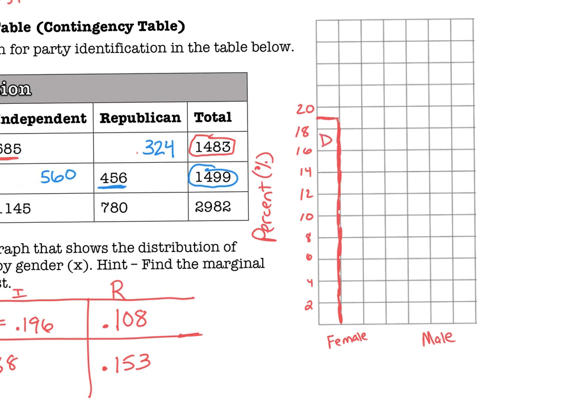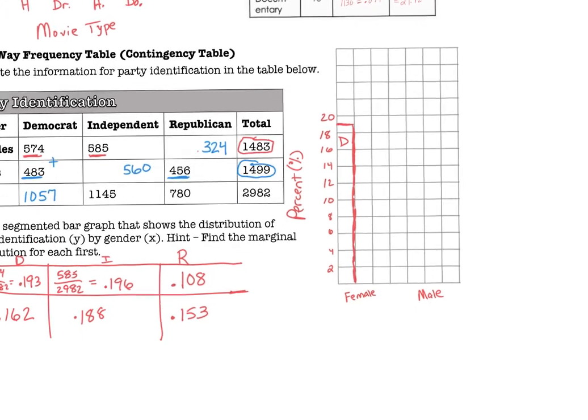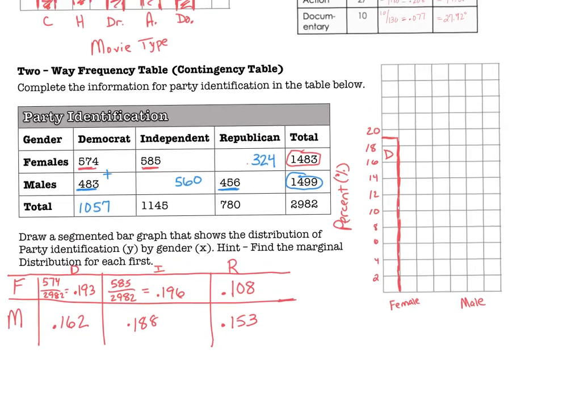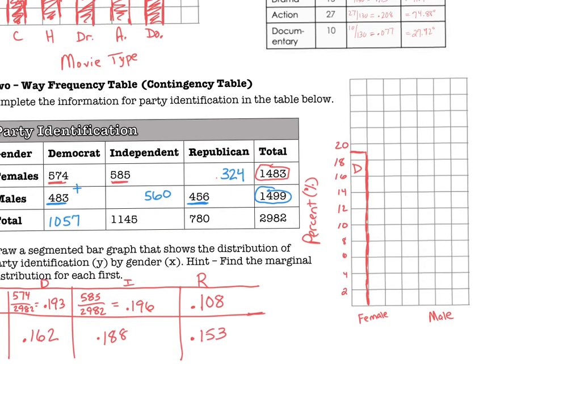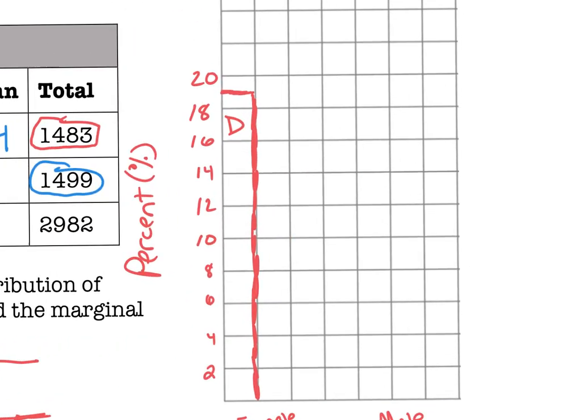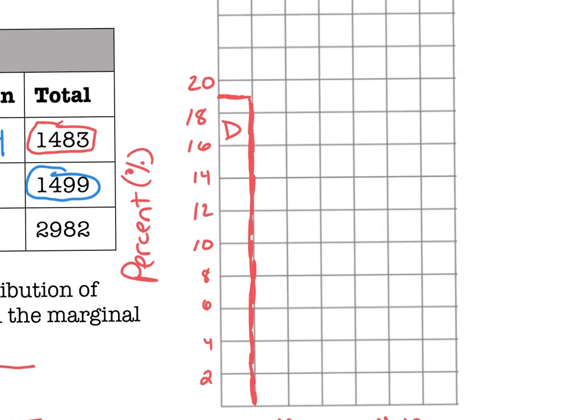The Republicans females, they turned out to be 0.196. I'm sorry, that's independent. 0.196. So that's going to be just a little higher here. And again, I'm going to make a note that that's independent with an I.